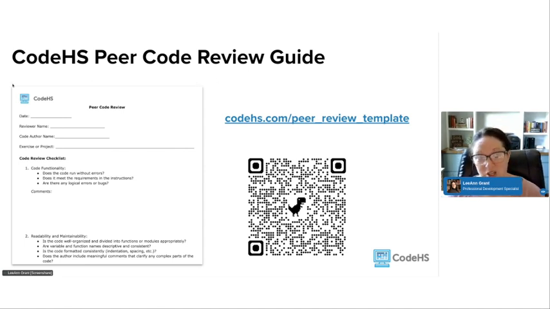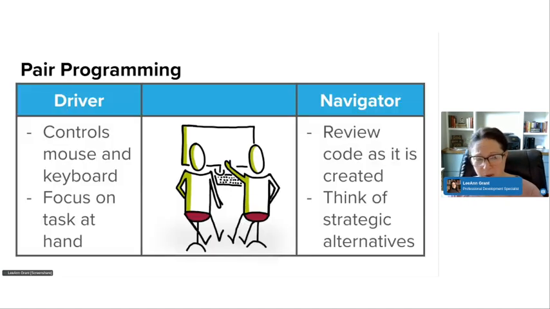Right? So that's our first activity. We have a second activity. Our second activity is pair programming, which most of you have probably already heard of. One way to pair program is to set clear roles for each programmer. So we might have the driver and the navigator.